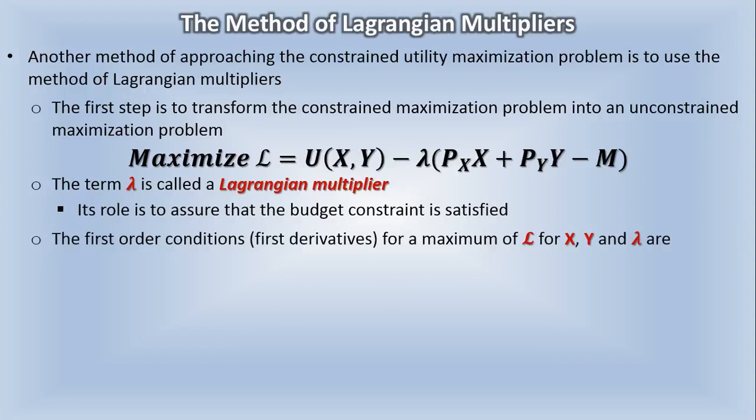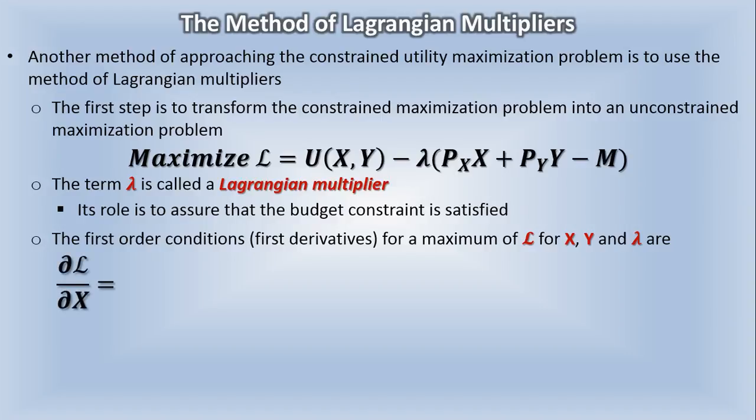So the first order conditions, which are the first derivatives of this expression, must be taken for x, y, and lambda. So we have to take partial derivatives of this expression with respect to each of these three variables that we're dealing with. Lambda is now a variable as well. It is not a constant.